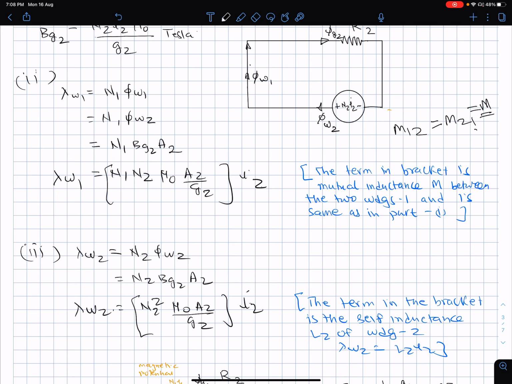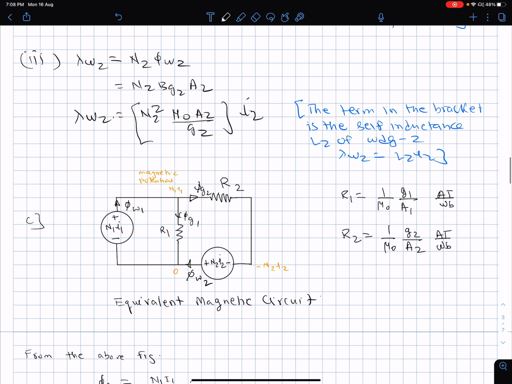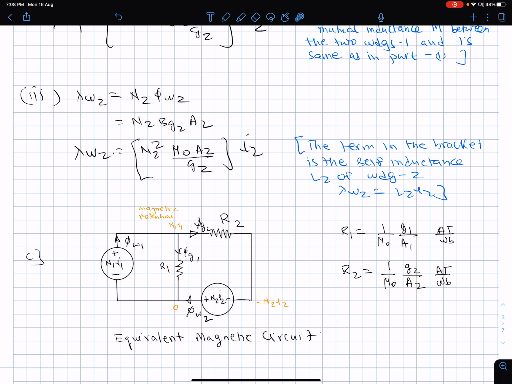This will always happen. Mutual inductances are symmetric in nature. So therefore, if you look at the flux linking winding 2 due to current in winding 2 alone, then it is N2 phi W2, and then substituting for that, you will get this.